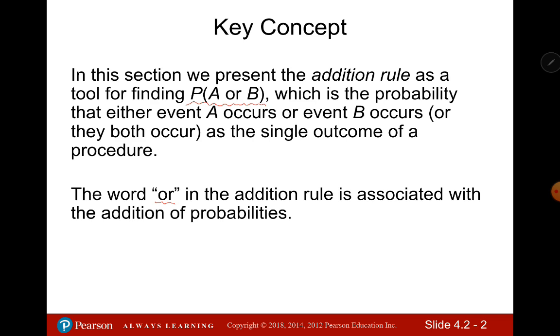So if you see "or," then you will have an idea: I will use the addition rule for this kind of situation, okay? Of course, in some books, you will just see union. A union B has the same meaning as A or B. We should use the addition rule.